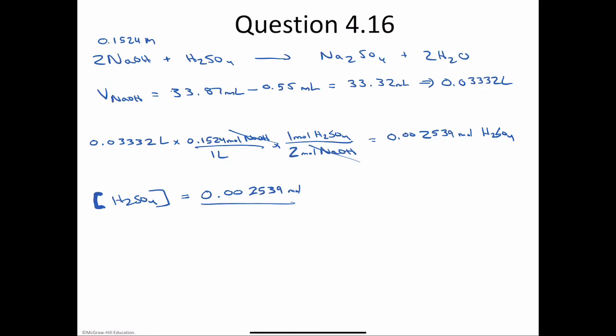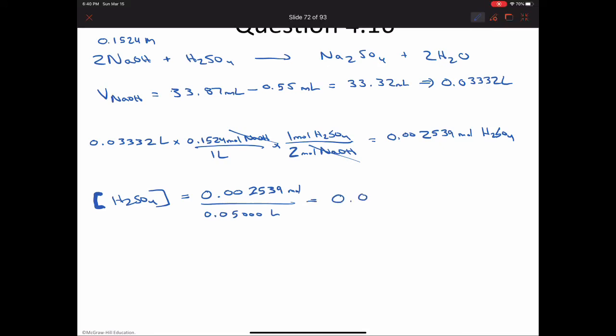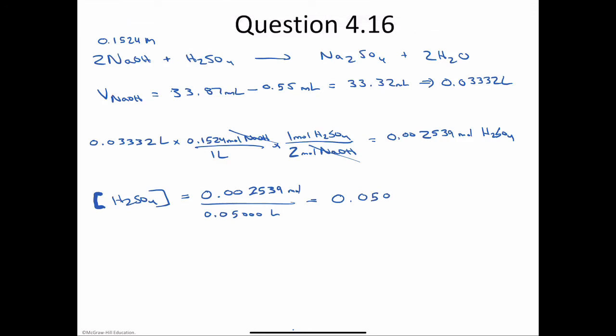So to convert that into liters, I just divide that number by 1,000, so I'll put 0.05000 liters, right? Because again, it was 50.00 milliliters. So moles per liter gives me molar. So I get 0.05078 molar sulfuric acid.